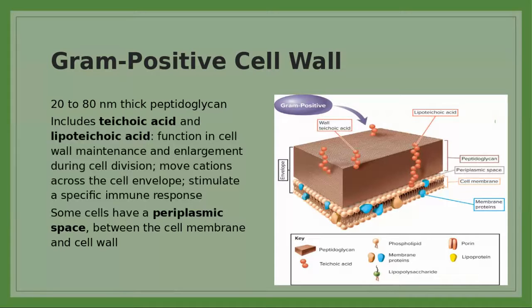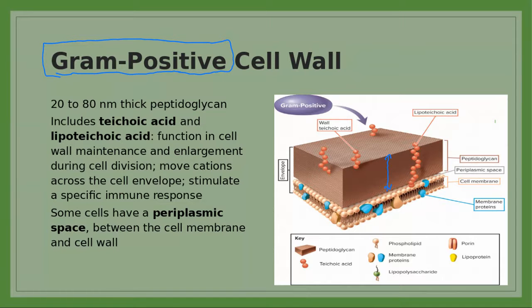There are two types of bacteria based on the cell wall. The first one is the gram-positive bacteria. Look at this cell wall over here. The cell wall is really, really thick. The peptidoglycan wall is very, very thick.